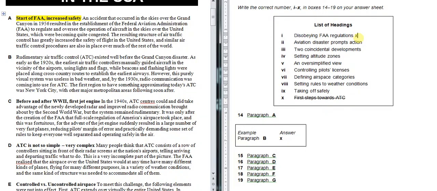Okay, we know it's not going to be this one, right? Aviation disaster? No, I don't see anything about a disaster. This one is very general, so we don't know yet.